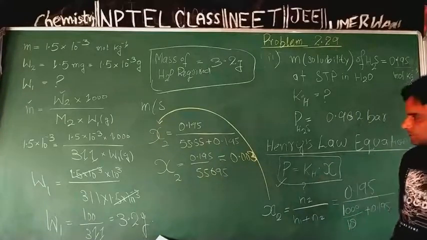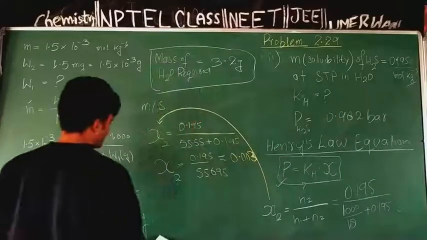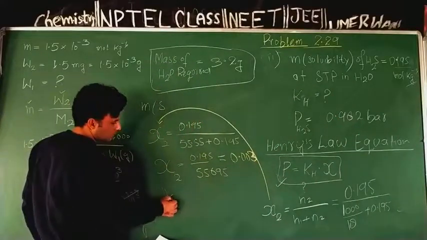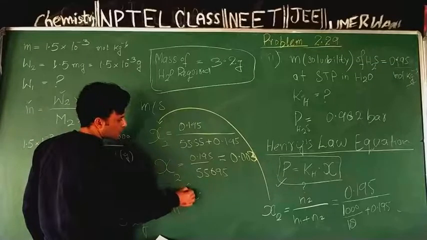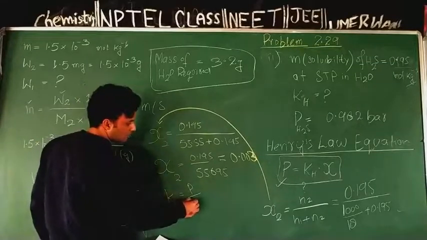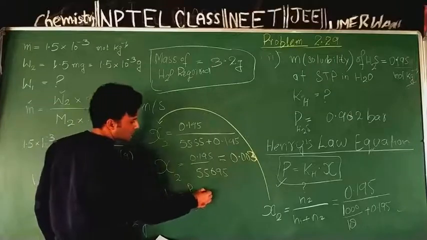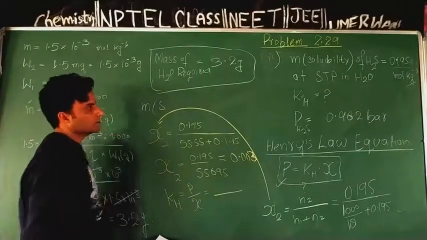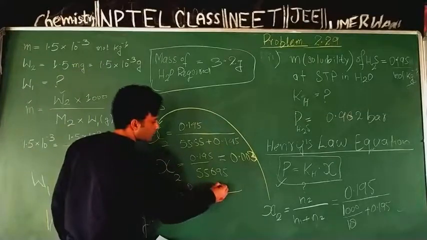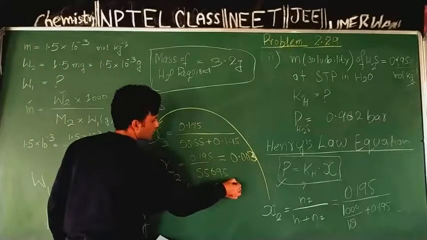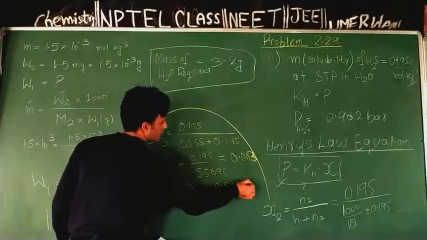Now I can easily do substitution in this equation. I need to calculate Henry constant. Henry constant KH will be equal to the ratio of partial pressure of hydrogen sulfide gas and its mole fraction. Partial pressure is 0.982 bar.